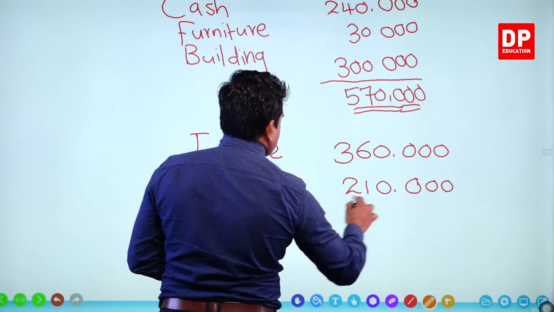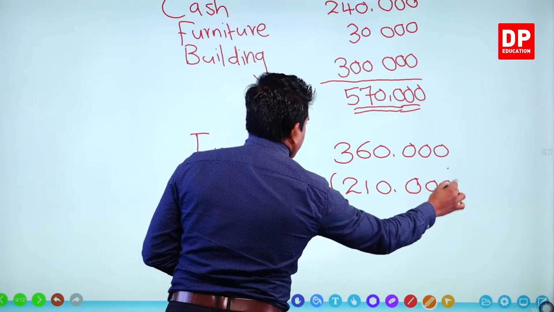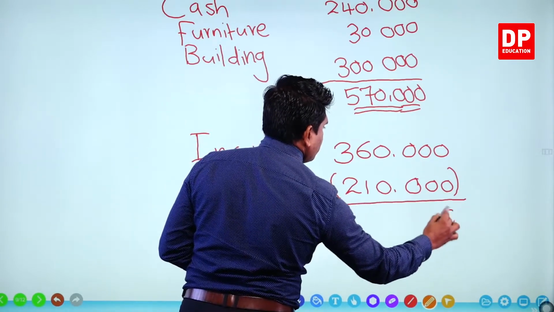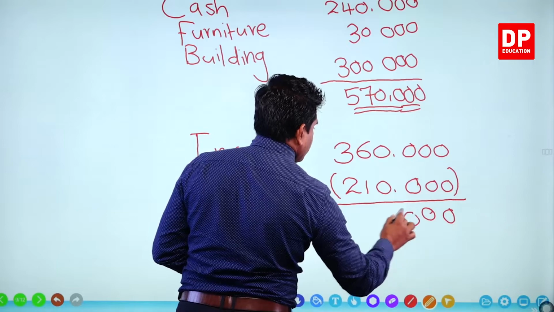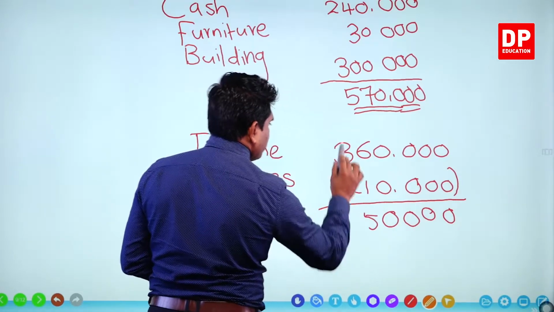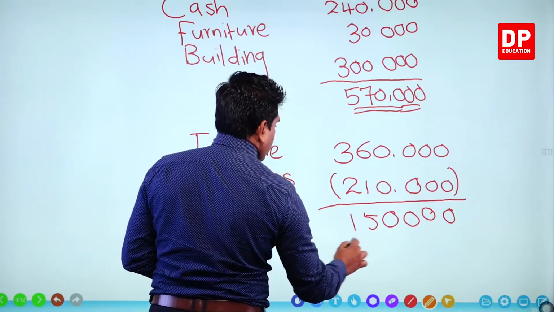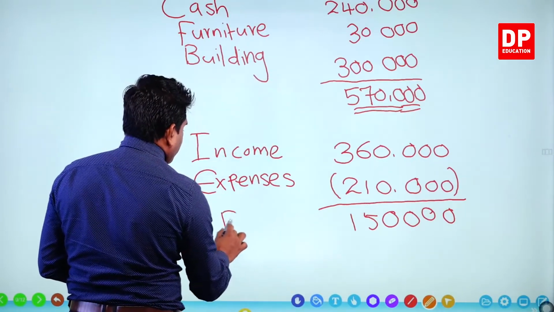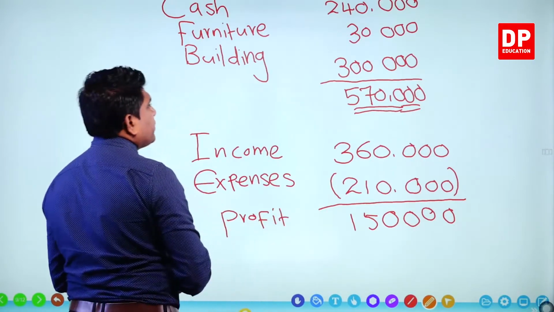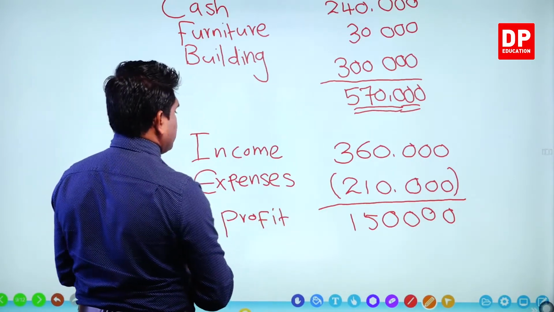You know this, expenses every time we put in brackets. Then your profit is how much? 0, 0 and 0 here. Here also 0, 6 minus 1 is 5. Here 1. 150,000 is the profit you earned, right?